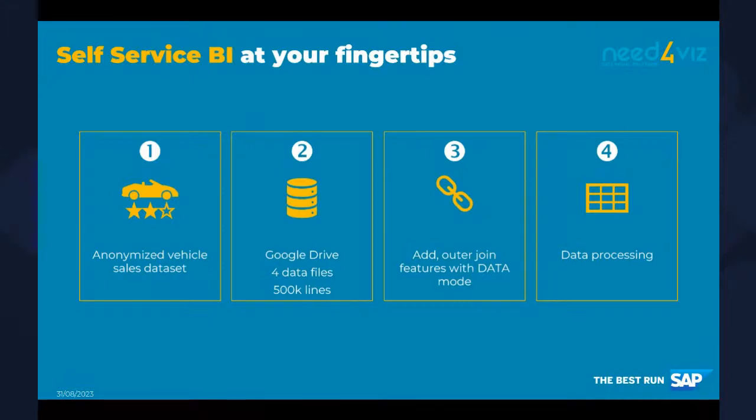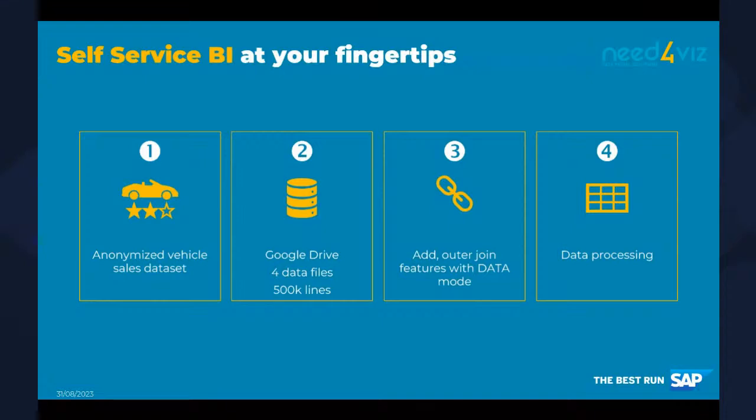The demo will follow the following use case. We would like to analyze the sales of electrical vehicles in some states of the United States. And to achieve that, we have put our hands on several data sets that we are storing into a Google Drive.